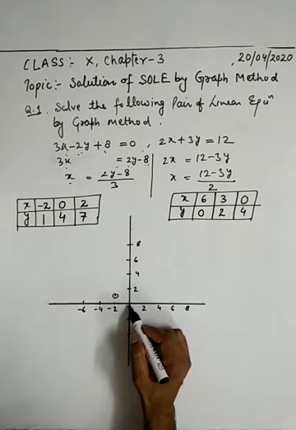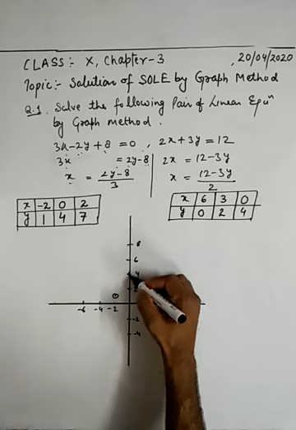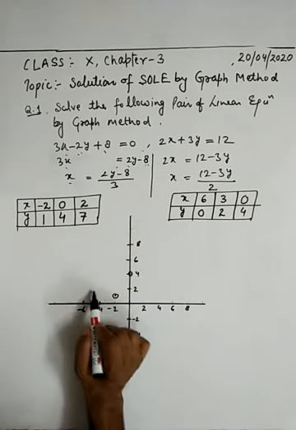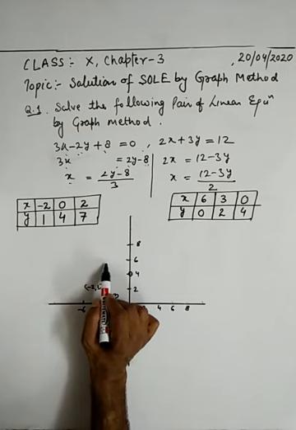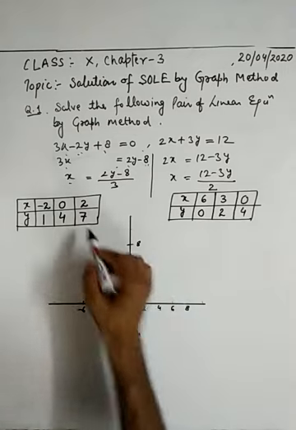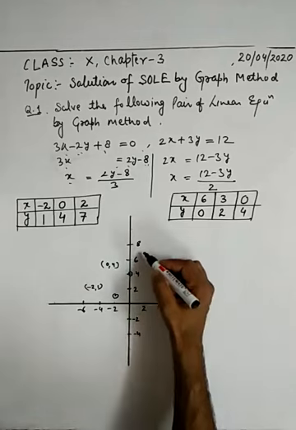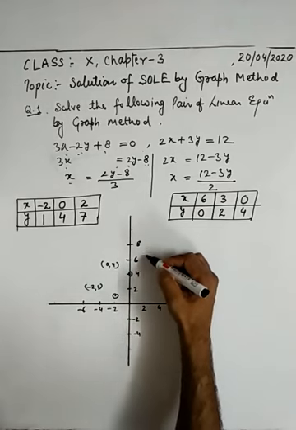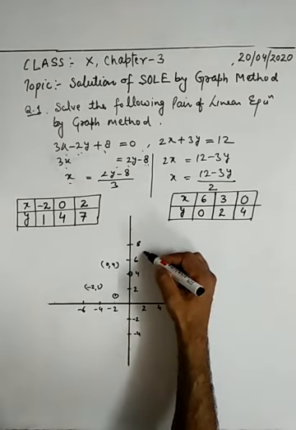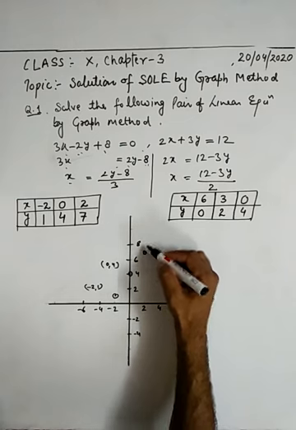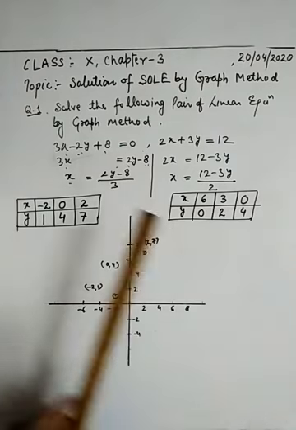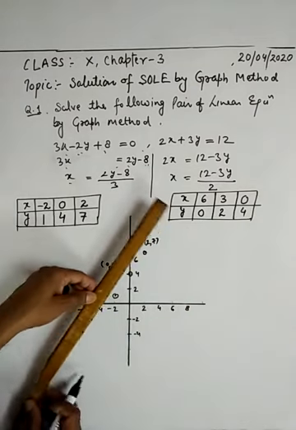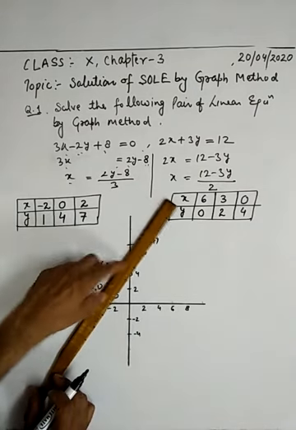Then x 0, y 4. And the third one is x 2, y 7. Now join these three points.